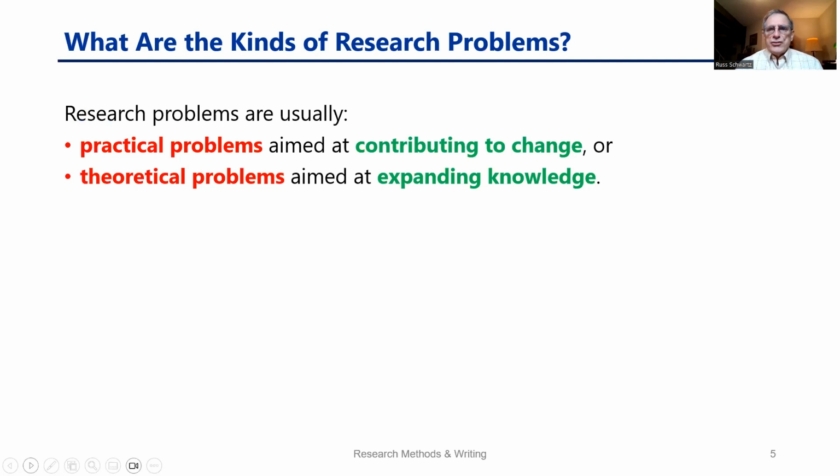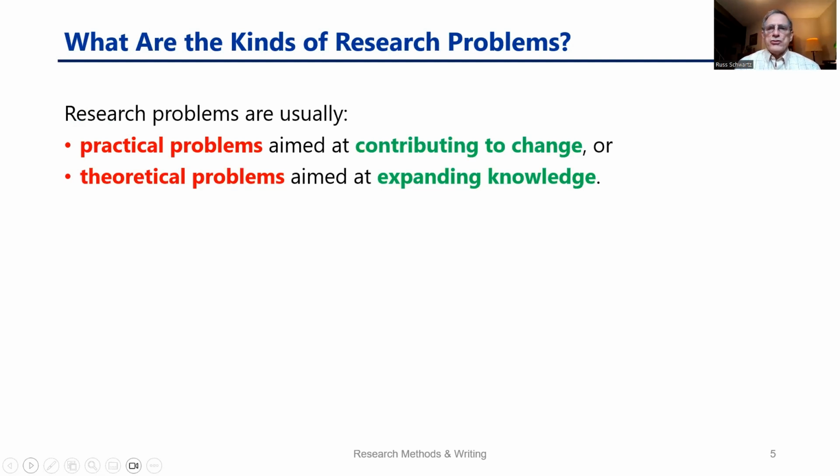Okay, there's basically two kinds of research problems, and you don't have to memorize this or anything. We're just sharing this with you because it may help you to appreciate what's going on in your subject area better. So, one are practical problems, and practical problems are aimed at contributing to change. So, we're trying to make some sort of change in our professional practice, and we can't do it. Either something is giving us trouble or embarrassing us, or we don't have enough knowledge to do it, or we don't know what our choices are, that kind of thing.